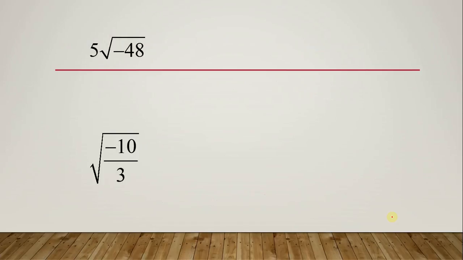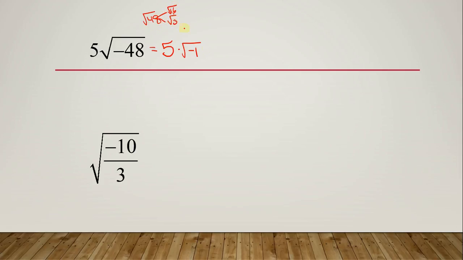Now, let's try one when there's a number sitting outside. All it is that 5 is just going to kind of come along for the ride. So I'm going to have 5 times, and then I have the square root of negative 1. Now, I got to break down the square root of 48. 4 can go in there. However, I don't think that's the biggest perfect square. 4, 9 doesn't. 16. 16 times 3.